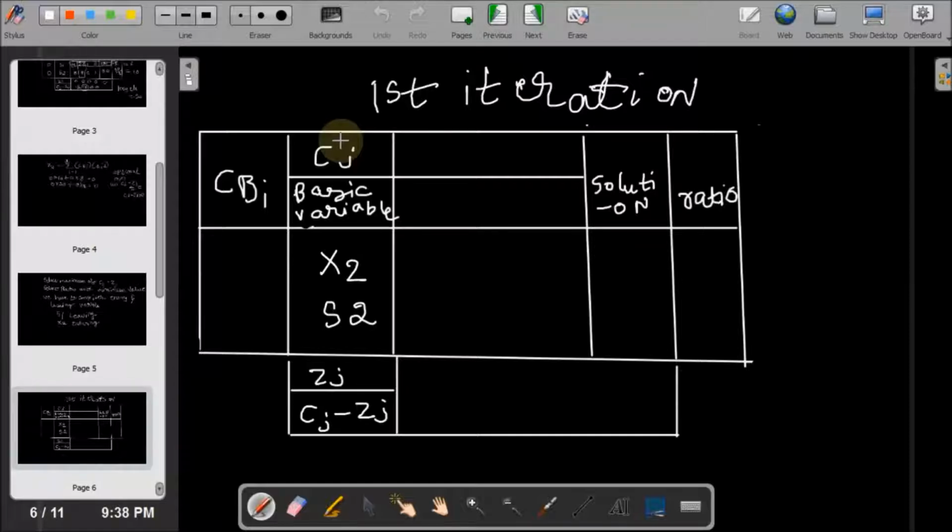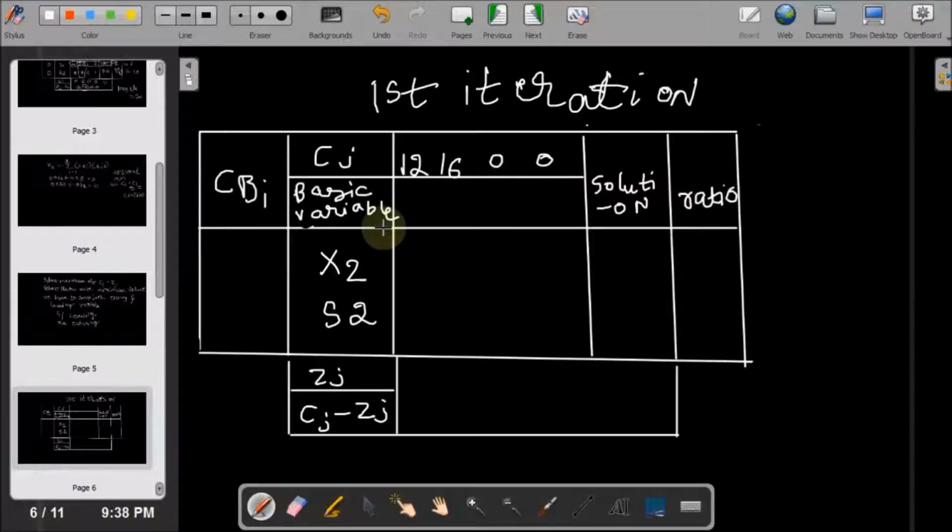Now in the same way, you have to write the Cj values. The Cj values will remain the same, they won't change. What are the Cj values? 12, 16, 0, 0. These values won't change. The basic variables have changed, you know that.